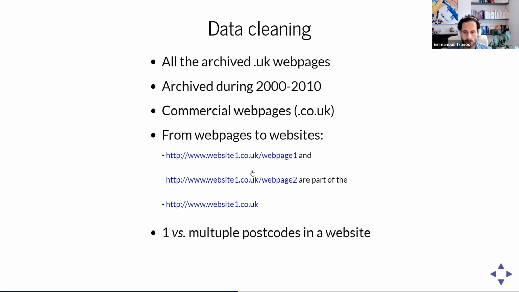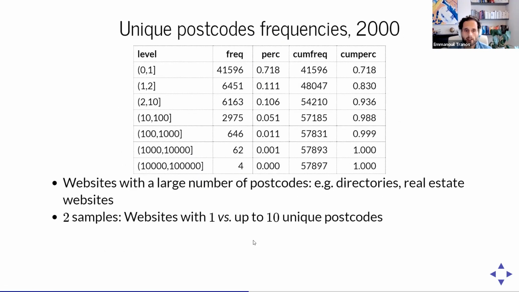As you see, in this example, these two archived web pages we can infer are part of this website. And by doing that, we end up having a quite broad distribution of websites regarding the number of postcodes that are included in their HTML archived text.